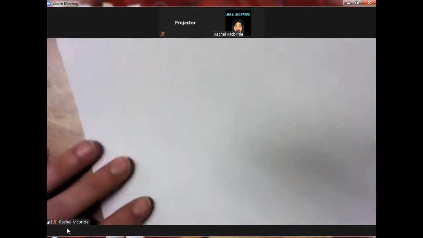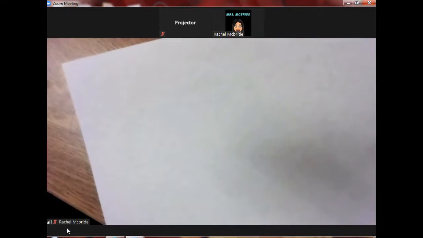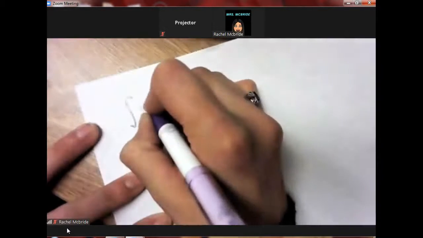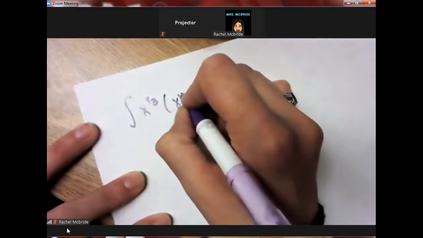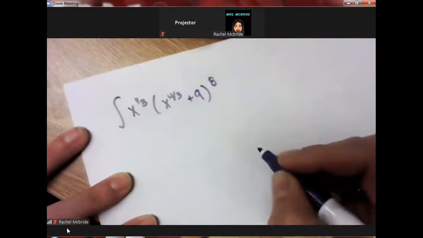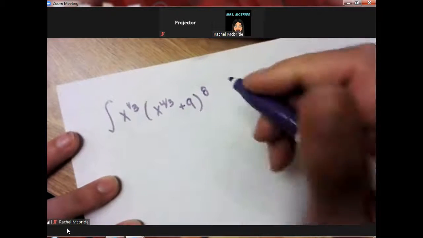That's okay. So are you telling me the x to the 1/3 problem, with 4x, or x to the 4/3 plus 9 to the 8? Okay. Your u is going to be what's inside that problem.